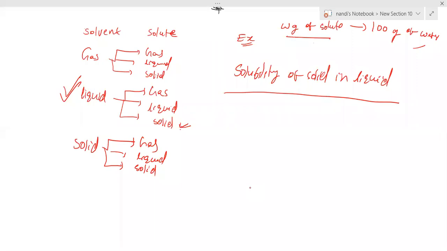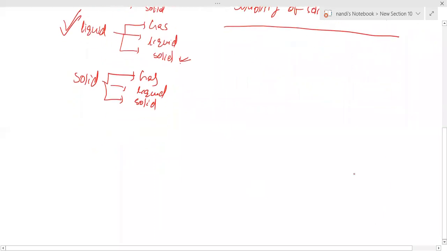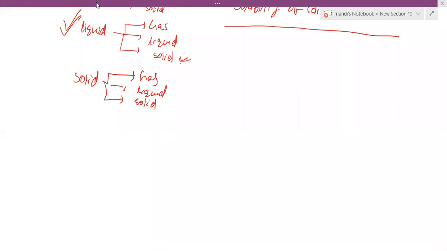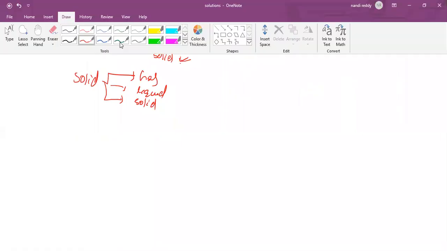I think I gave this yesterday already. Solubility depends upon a few factors. I'm discussing mainly two factors only. The first factor I'm discussing here is the nature of solvent and solute. Solubility depends upon the nature of solvent and solute.